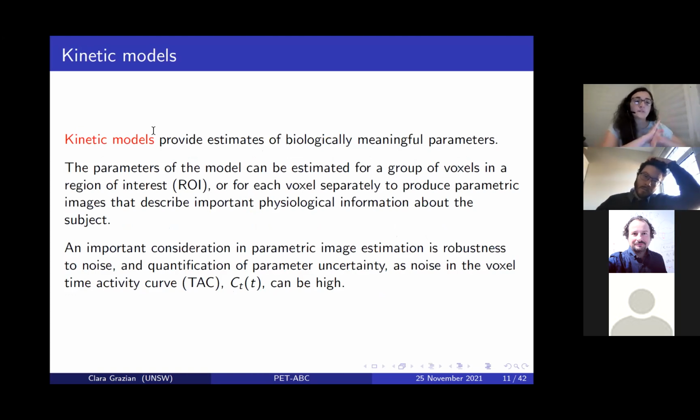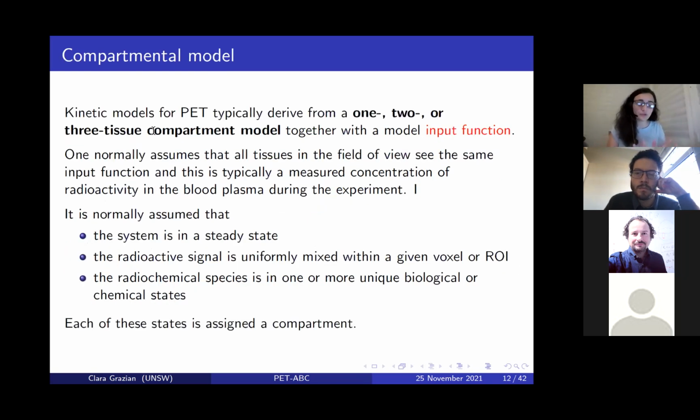As I said, the most famous or popular models in this area are kinetic models, which provide estimates for some parameters which have a biological meaning. Usually, some of the most popular kinetic models are the 1, 2, or 3 tissue compartment model, where one normally makes some assumptions on the tissues and on the state of the tissues.